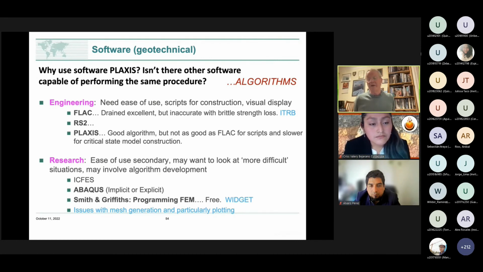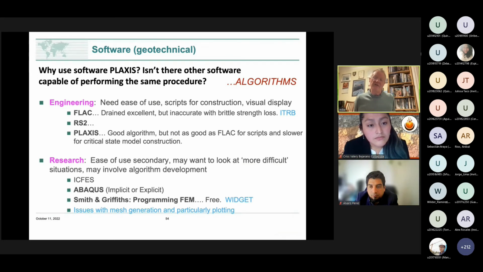The widget uses their code as the basis of it, and we then turn it into large strain and put in a particular mesh. But you have issues when you're doing these research-type things with mesh generation, and particularly plotting. So some of this research stuff is all free, but it's free to purchase, shall I say, but it's not necessarily free to use if it takes a lot of hours to use it.